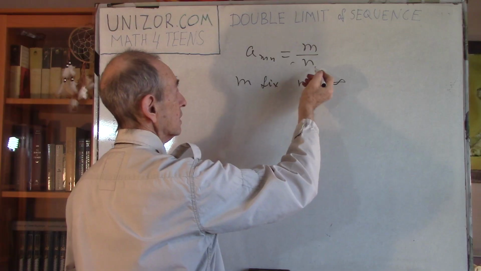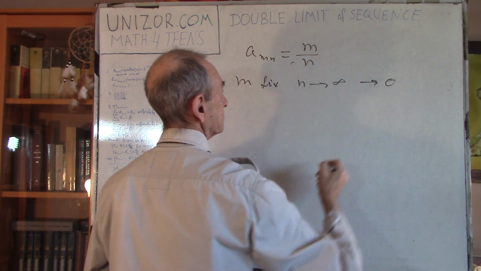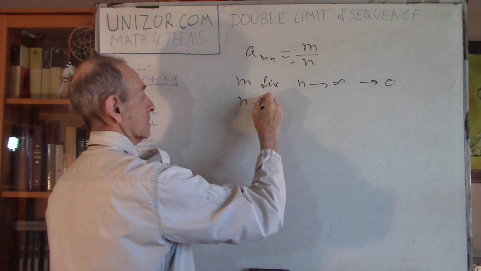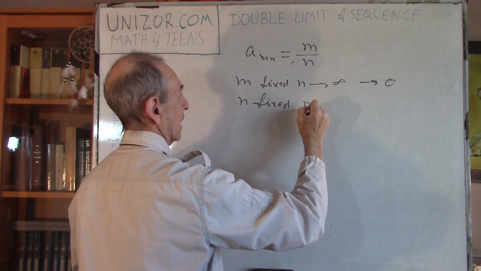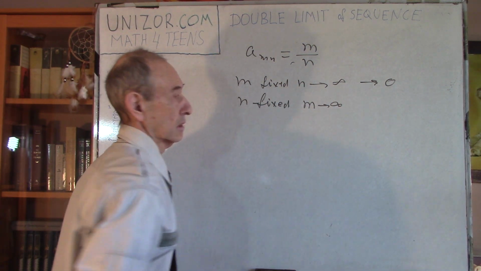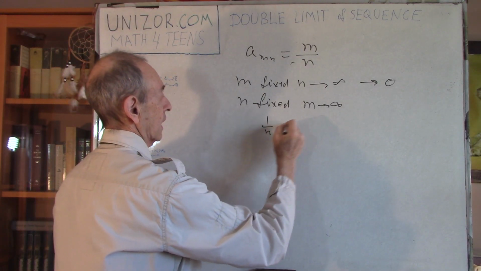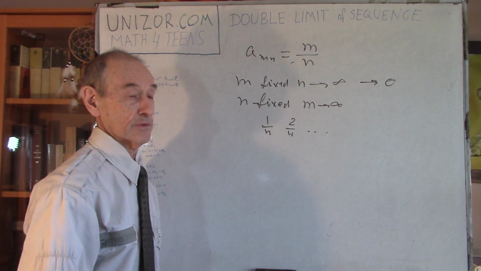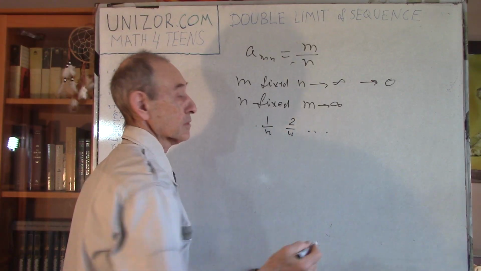Well, obviously the limit will be 0, right? So it goes to 0. Now, what happens if n is fixed and m goes to infinity? Well, there is no limit. It will be 1 over n, 2 over n, 3 over n, 2500 over n. So if n is fixed, we will have a sequence which has no limit.